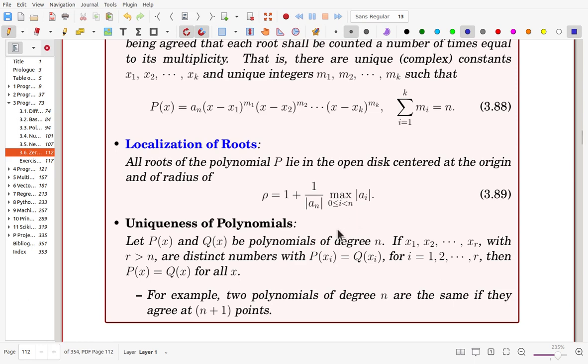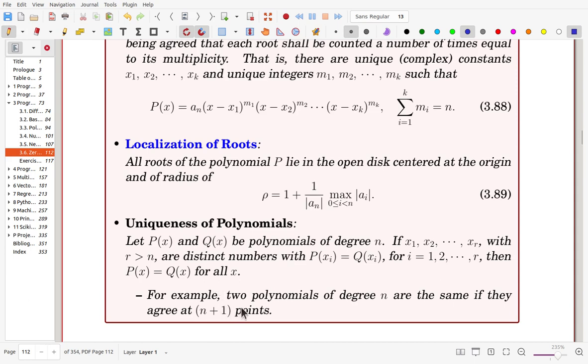Uniqueness of polynomials. P and Q are two polynomials of degree n. If the two polynomials agree at x1 to xr, with r larger than n and distinct numbers, then the two polynomials must be the same.